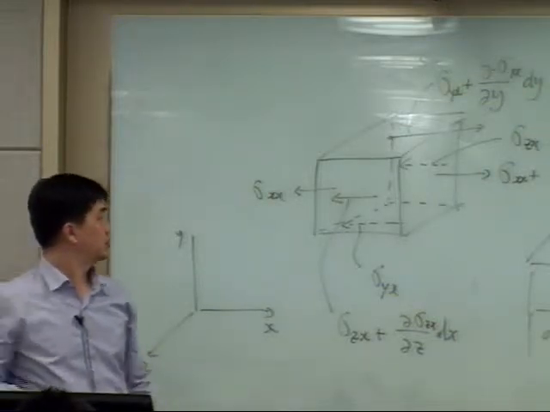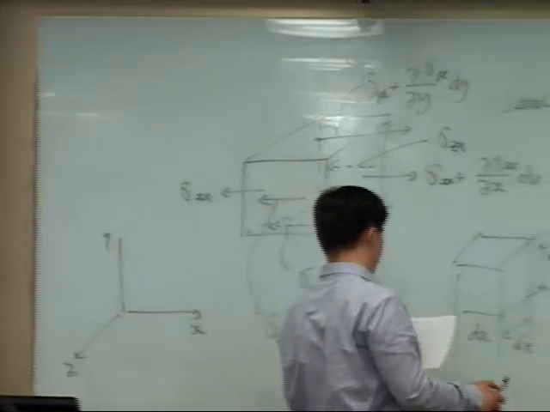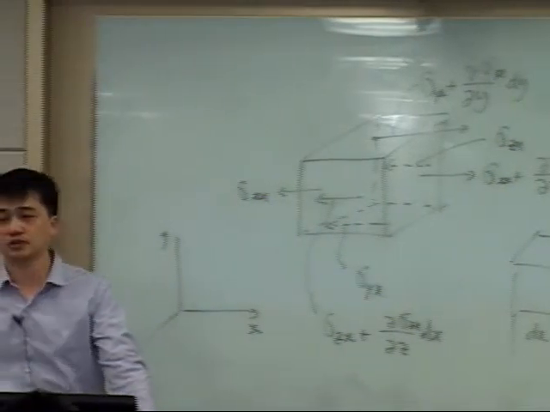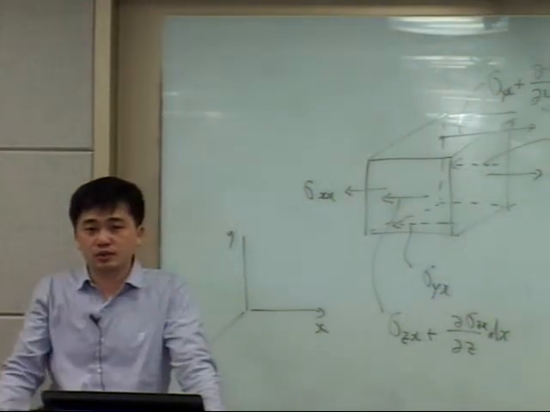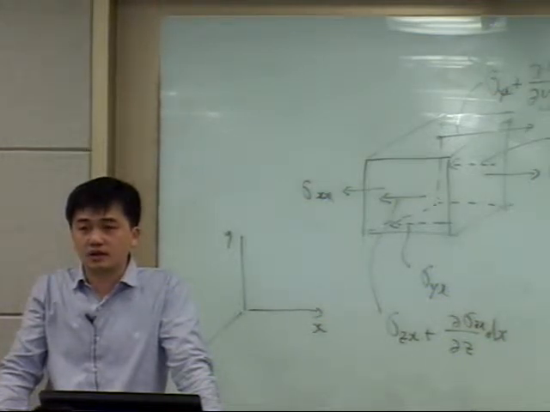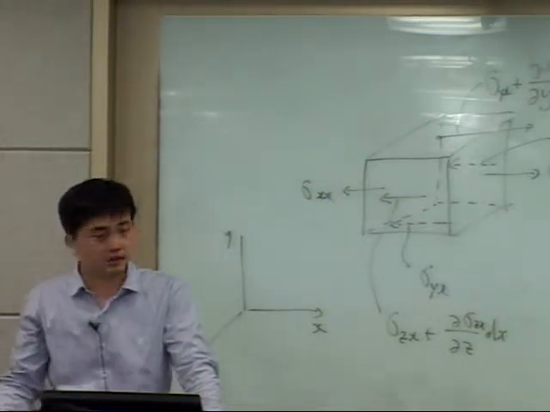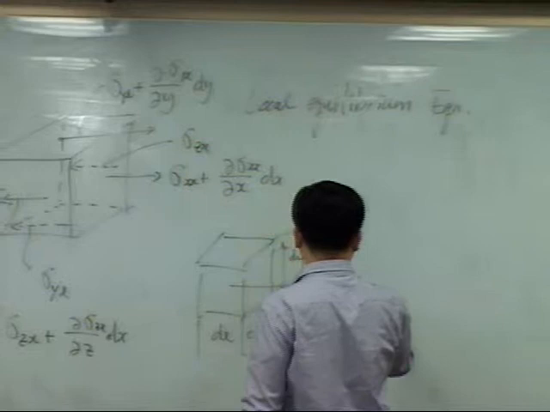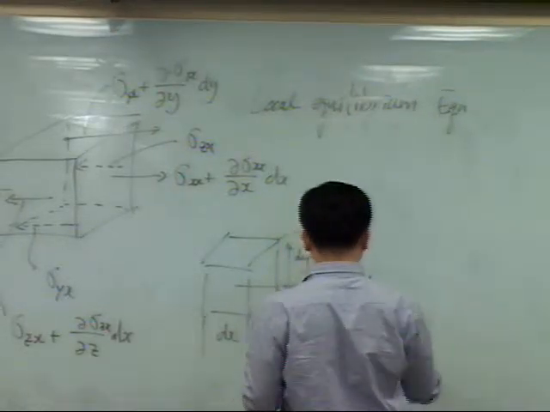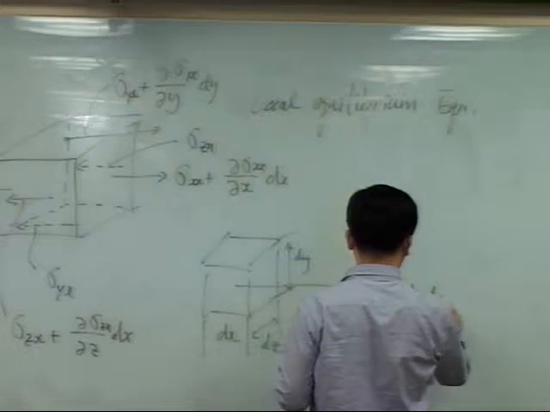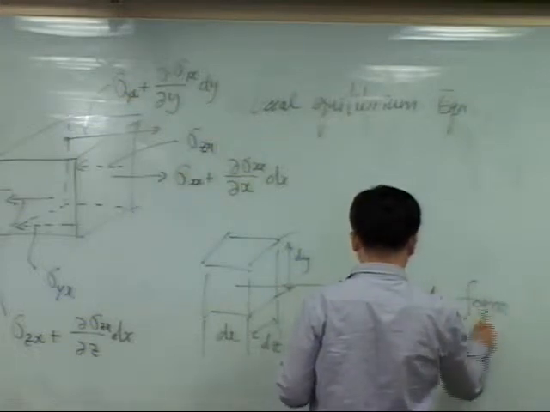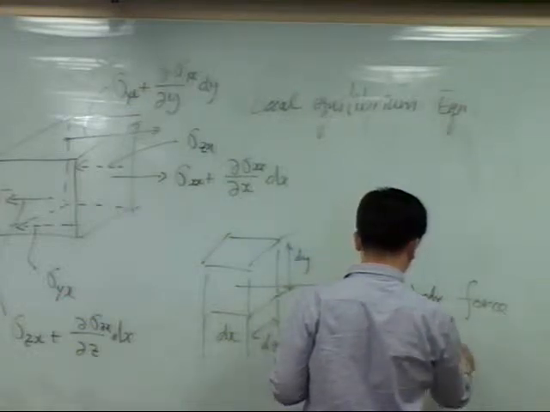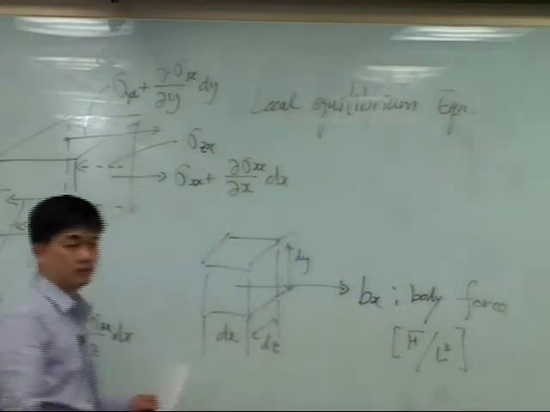All of these stresses will be surface force for this small cube, right? And there is going to be one more force, body force. Let's say that body force is applied to this cube. It's Bx. This is body force. Body force has a unit of force per length cubed, force per volume.